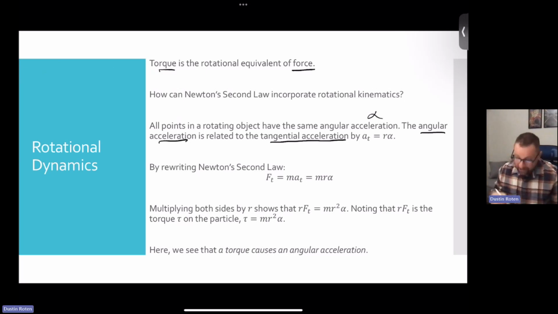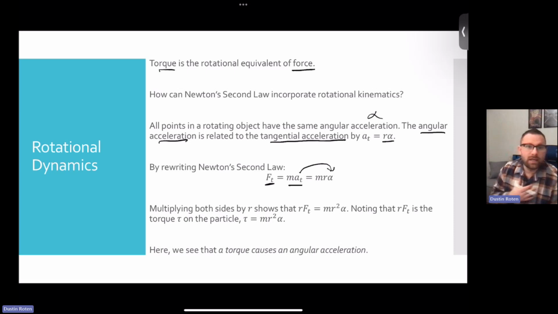So we can actually rewrite Newton's second law. Instead of F equals ma, which would be for a tangential acceleration, let's replace that tangential acceleration with r alpha.